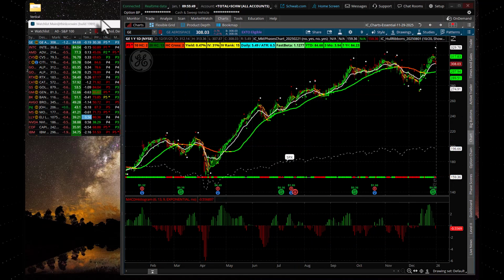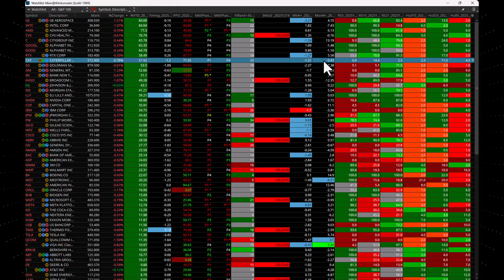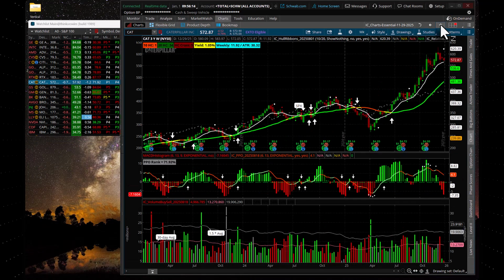So every one of these highlighted areas on either the weekly or monthly column is showing you where we're sitting with regard to a white dot. Just for grins, let's look at Caterpillar right now. It's showing a white dot on the weekly bars on the 3-year chart, and we can kind of get a picture of where that looks like.